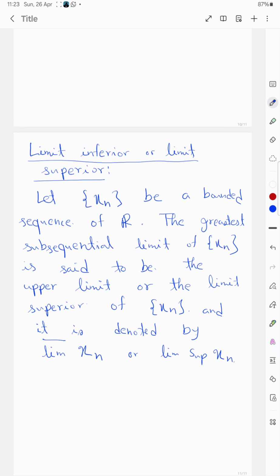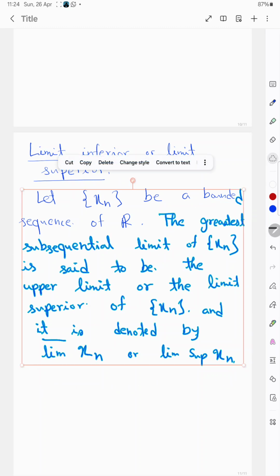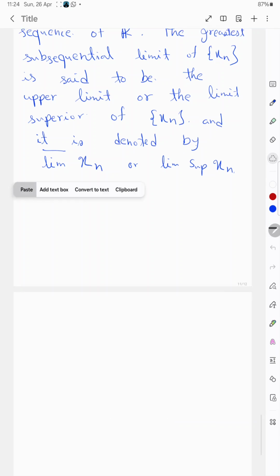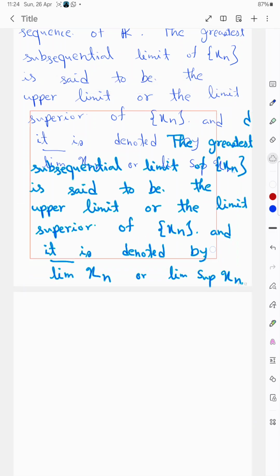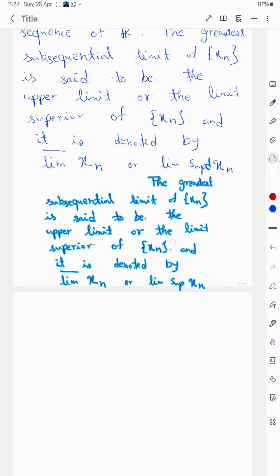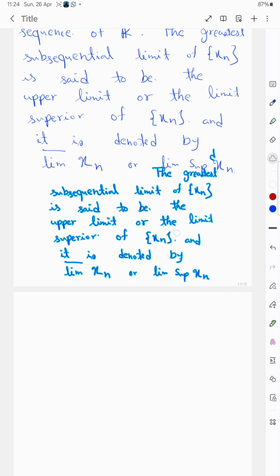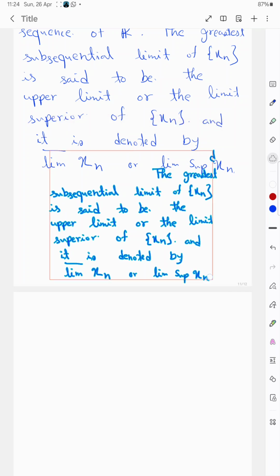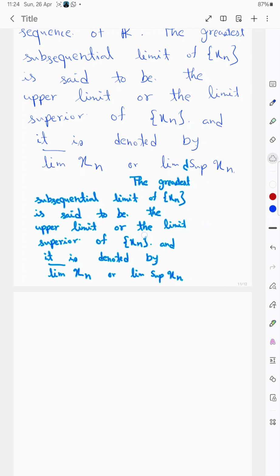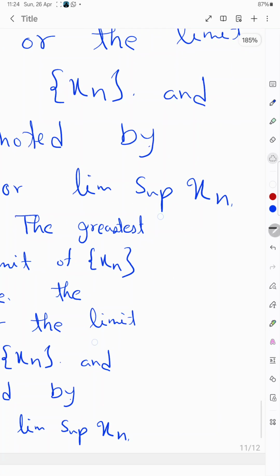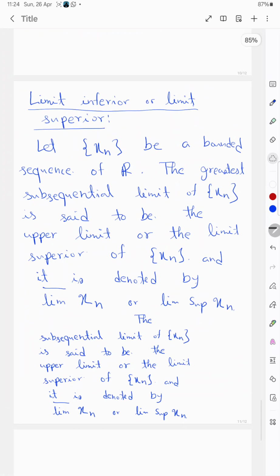Similarly, if you take the opposite, instead of the greatest you have the least.